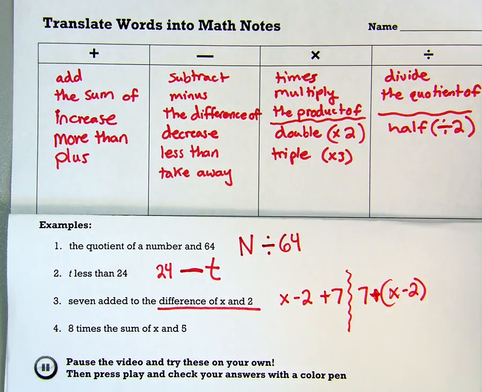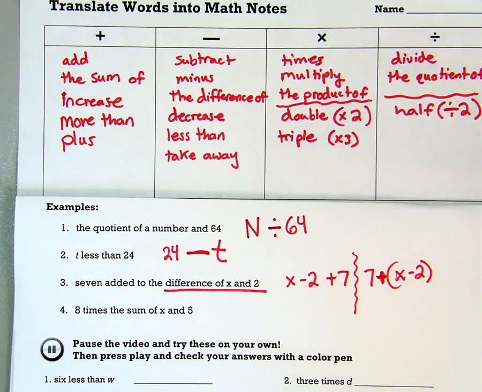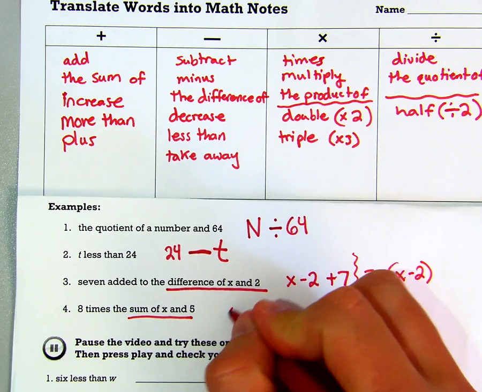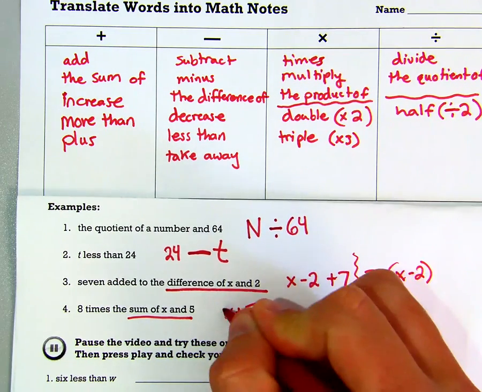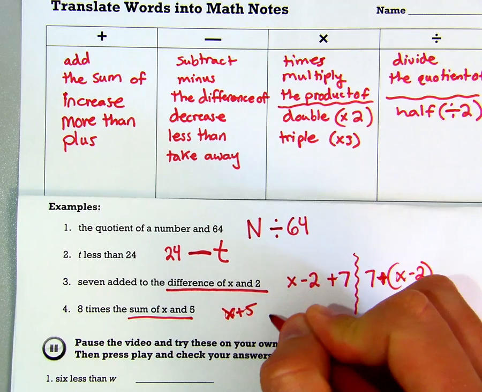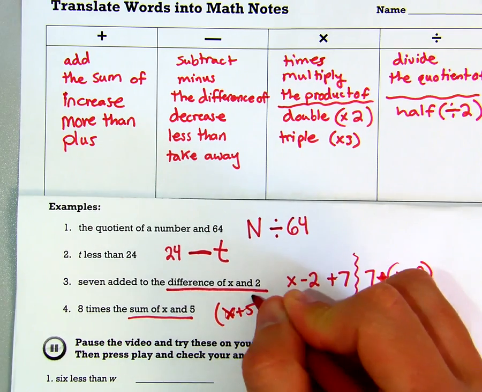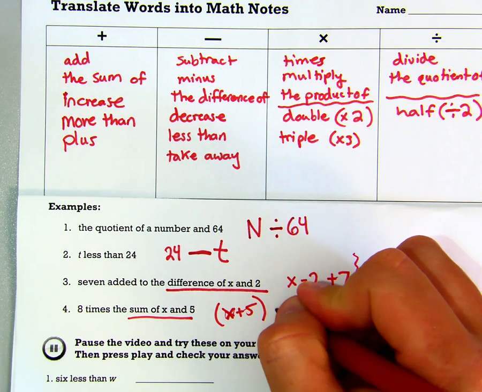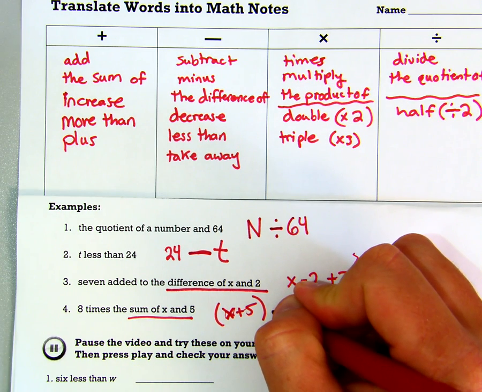Alright, and then one more, we have 8 times the sum of x and 5. So again, I'm going to go ahead and do the sum of x and 5 first. So I'm going to add x plus 5. And then I'm going to go ahead and times it by that. So I want to put those in parentheses because I want to make sure I do that first. I want to find my sum first, and then I'm going to go ahead and multiply it.